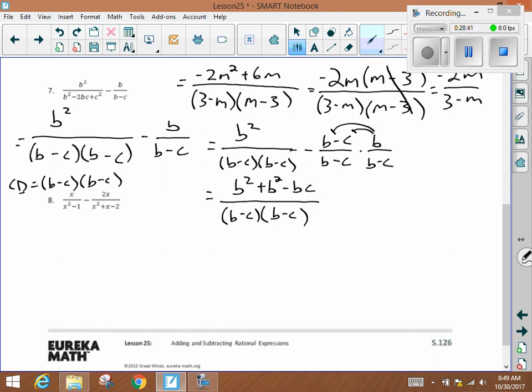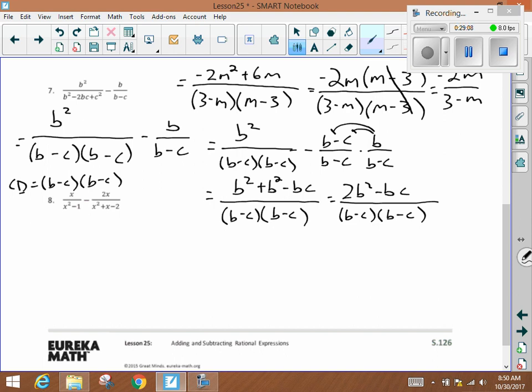Well, that's rather interesting. Okay, so I wind up with 2b squared minus bc all over b minus c times b minus c. Looks like that numerator is factorable. I can factor a b out and see what happens.